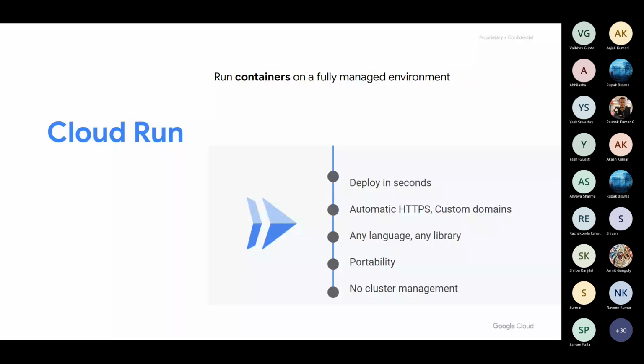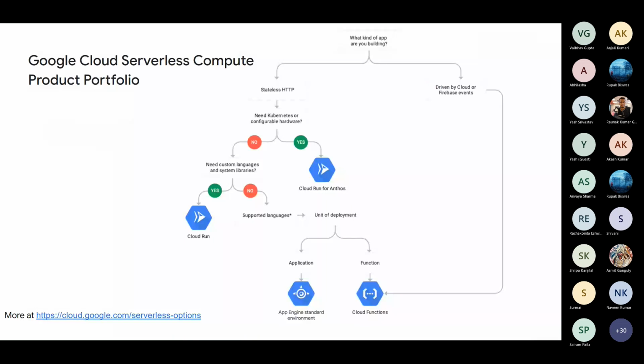So these are lots of services. You will be confused about which service you should be using and when. There is a flow diagram on which service to use. Let's say, what kind of app are you building?